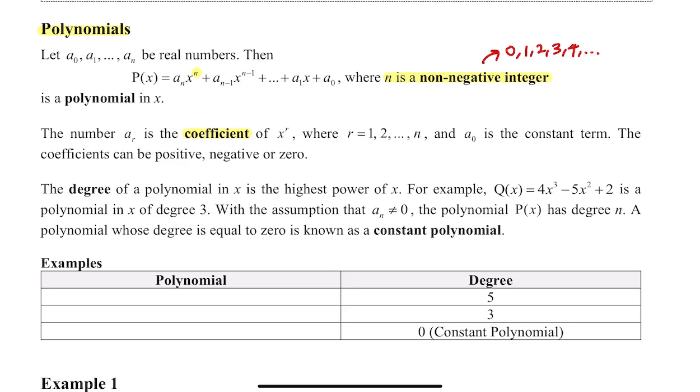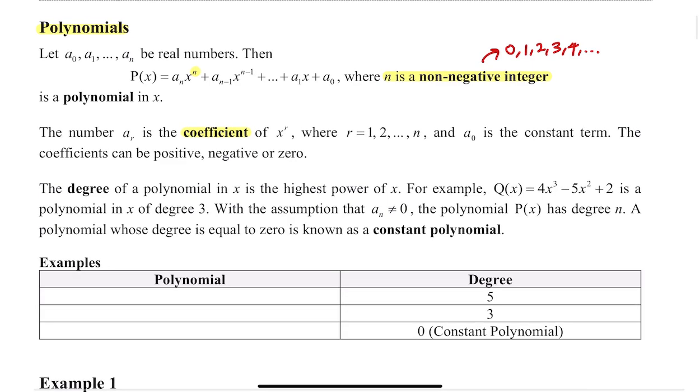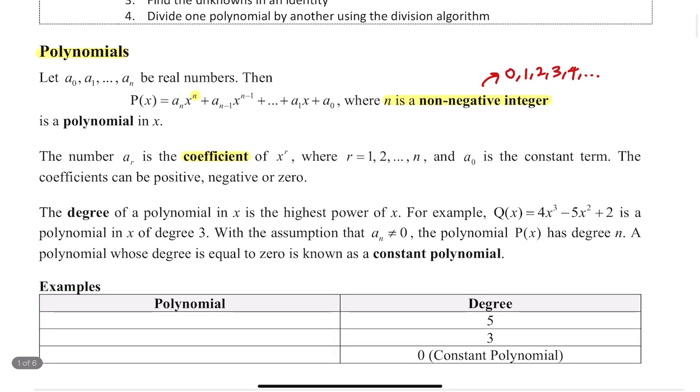So for example, consider one simple example. If I have 2x squared, this is also considered a polynomial. The 2 here is a coefficient, and the power here is 2, since the power for polynomials is always a non-negative integer. Now we're going to introduce this important thing called degree. What is a degree?